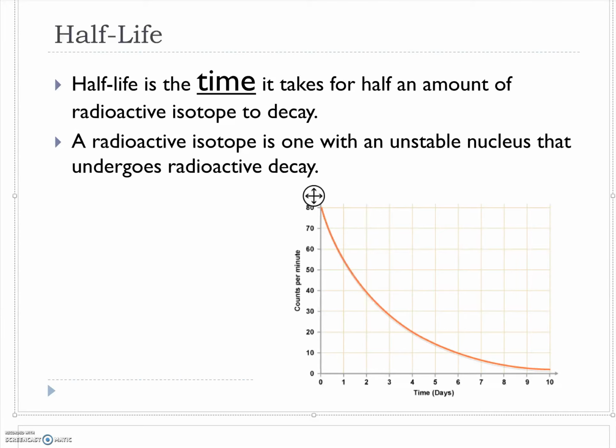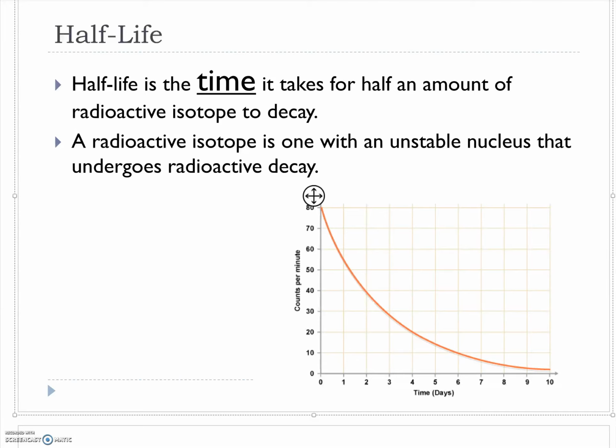Here's an example of a graph where we have the amount of substance and the time in days, and you will notice it is a curve. This curve will never reach the x-axis, because you will always have some trace amounts of this substance.